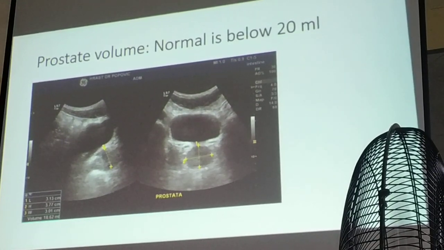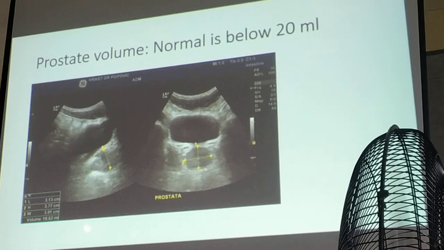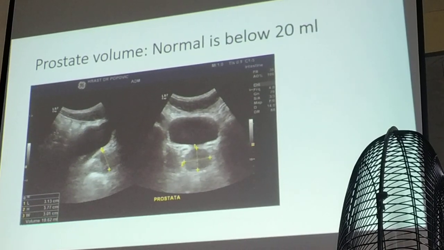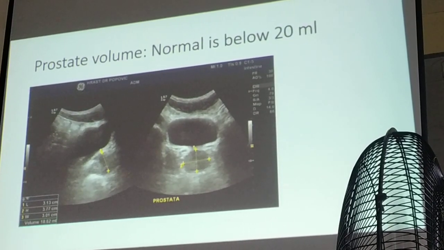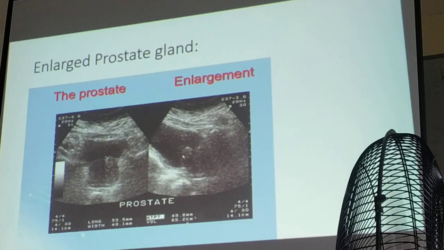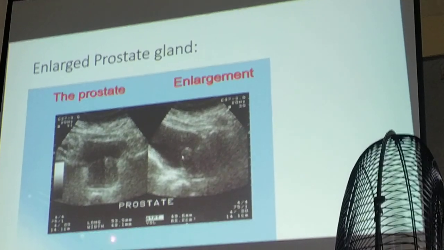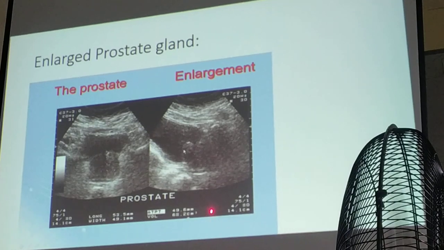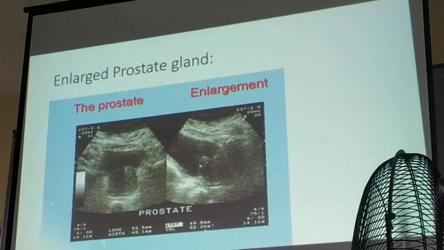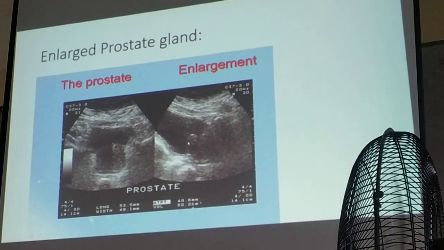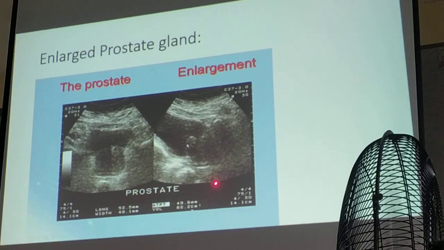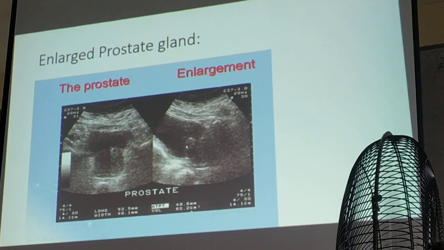Okay? So this one, the volume here is 18.62, that's still normal. Okay? Whereas this one, the volume here is 68.2. That is triple the normal. So this is a case of enlarged prostate gland. Okay?